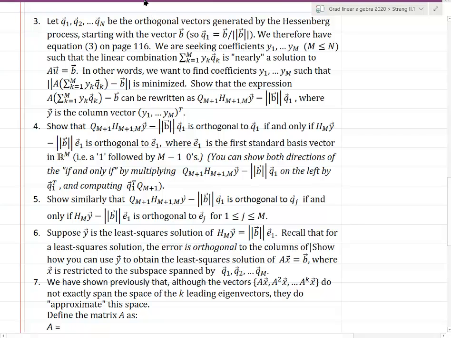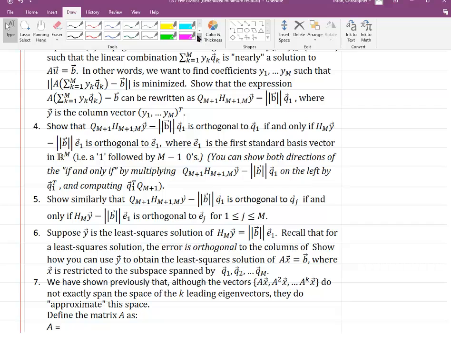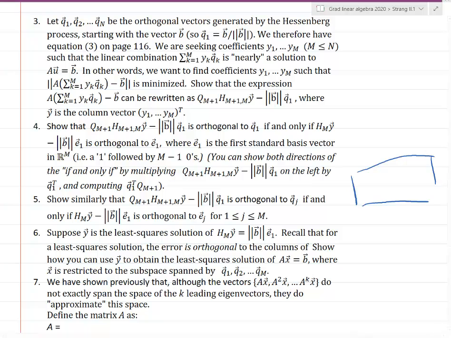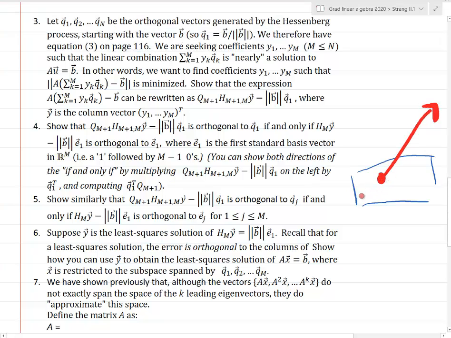Just to, again, draw this same old picture. If I have a plane, same old picture, same old intuition, always the same. Boring mathematics, always the same. You've got some plane here, and I've got some vector outside of the plane. This is 0. Now, where's the vector in the plane that minimizes the distance? Well, it's your old projection.